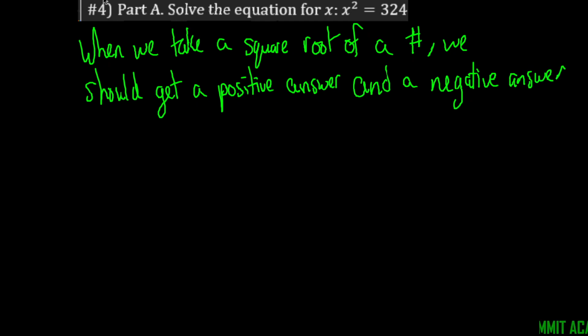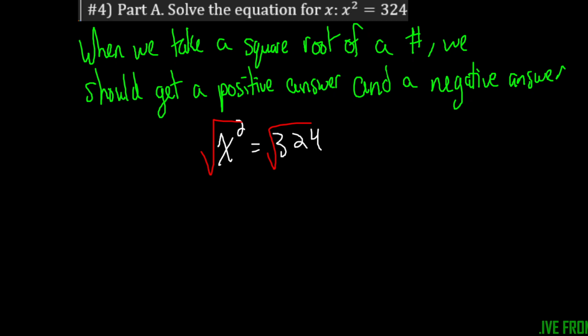I can kind of show us how this works. So we have x squared equals 324. I can take a square root of both sides. Please do not type in this left side because it's going to try to graph it out. But what you can do is type in the right side exactly as it looks. So I'm going to say I have the square root of 324, and I get 18.